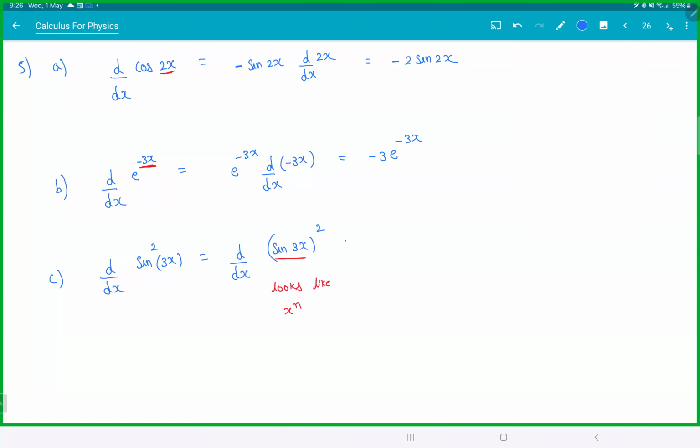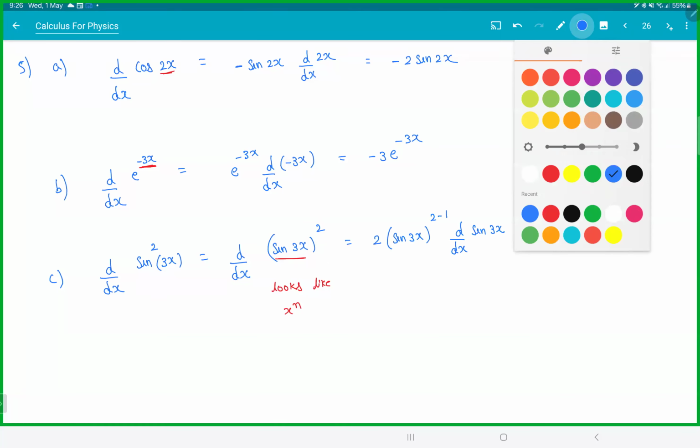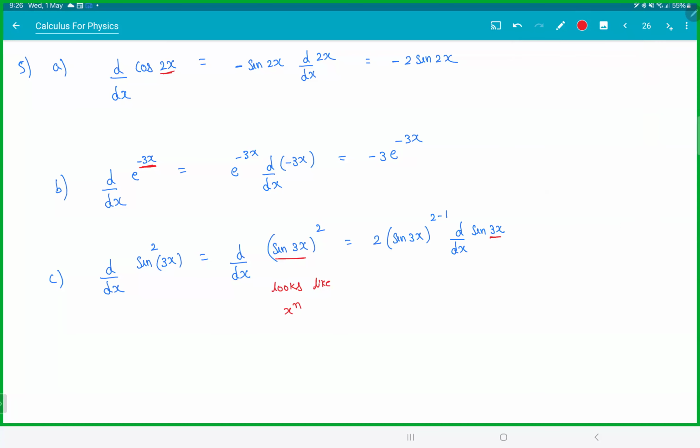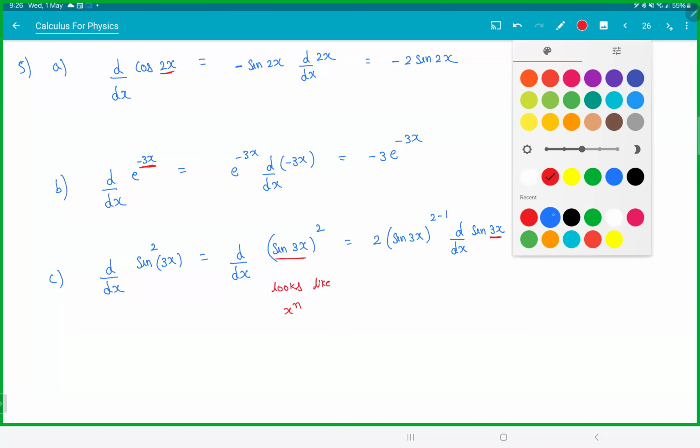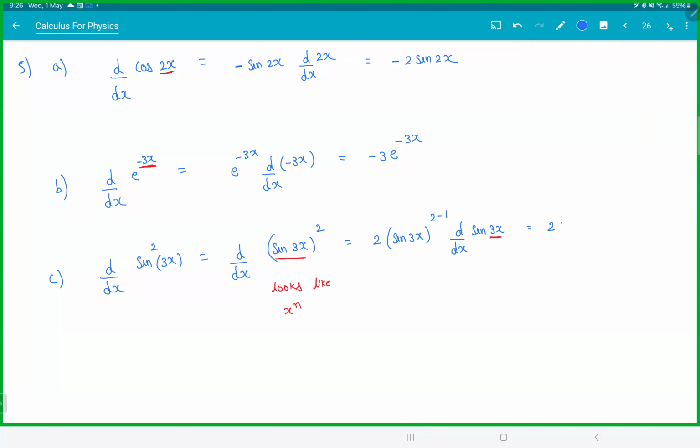What is the formula for this? n, that is 2, into that some function, which is sine 3x, to the power of 2 minus 1. Then what to do? Whatever is inside, differentiate it. That is sine 3x. But now, what is this again? This is sine of something, isn't it? Again, chain rule came. Chain rule within chain rule. So this is looking like sine of something. So this is 2 sine 3x into the differential of sine 3x.